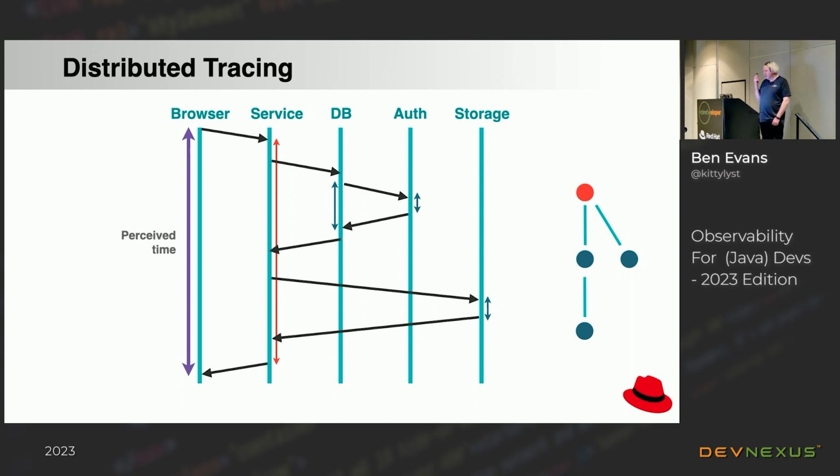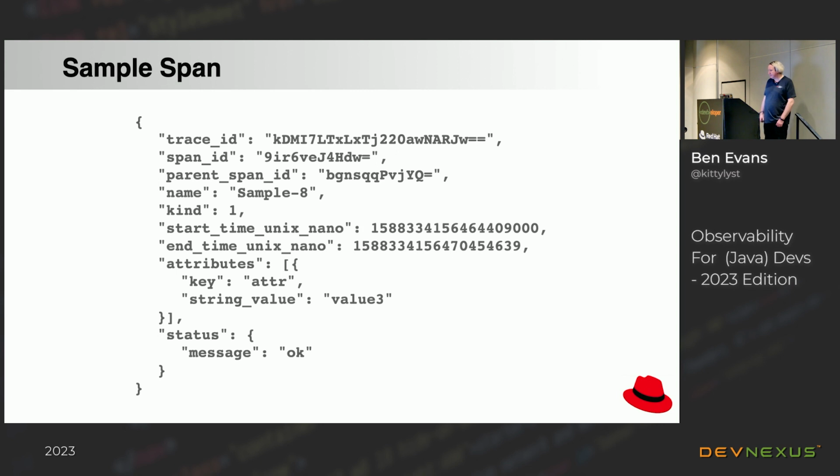So how do we do it? Well, we need some data. And this is sort of a standard format for how we would reconstruct this. I'm just showing it as some simple JSON here. So the overall trace, so this is the overall tree structure that we're going to reconstruct. We've got the span, which is the one that we currently are, and then we've got a parent span ID. And that's it. That's what you use to stitch them together.